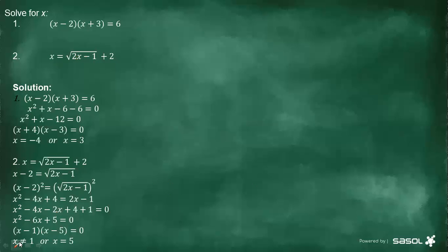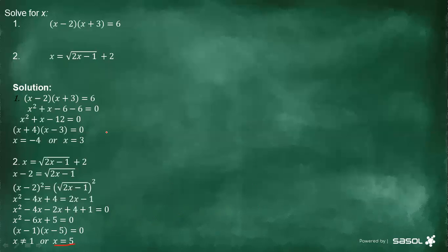Hence we say x should not be equal to 1, because 1 is not a solution. Then if we take 5, we have 5 on the left hand side, 2 times 5 is 10, 10 minus 1 is 9, square root of 9 is 3, 3 plus 2 is 5. So 5 equals 5. Then only x equals 5 is the solution for this question.